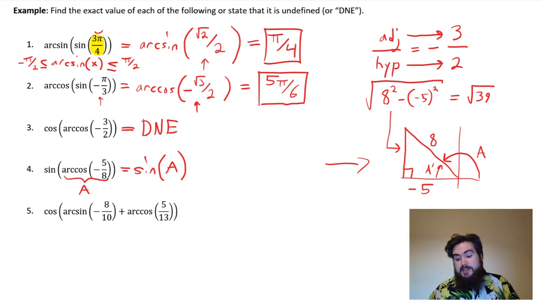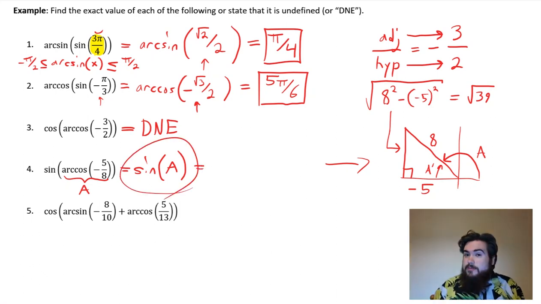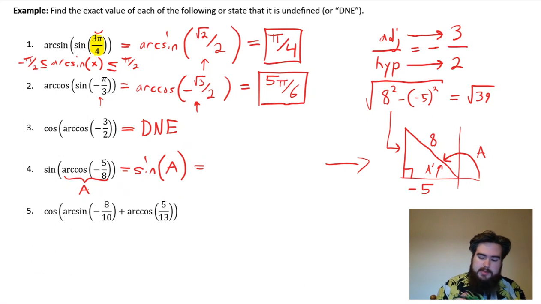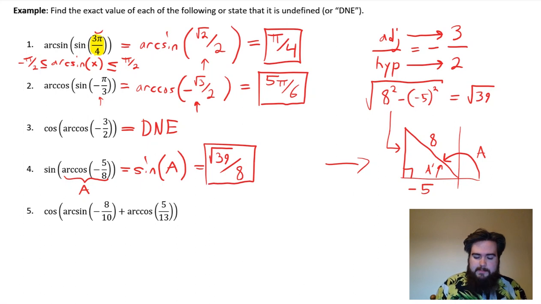That would end up being positive because it is in quadrant 2, so the y value should be positive. And since I just need to know sine of that angle measure, which is opposite over hypotenuse, I can define this as the square root of 39 divided by the hypotenuse side of 8. That would be my answer there.